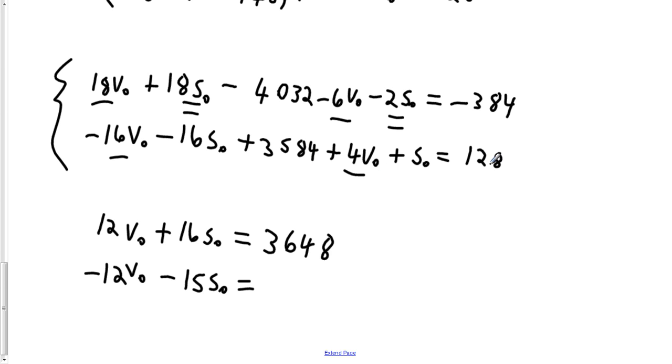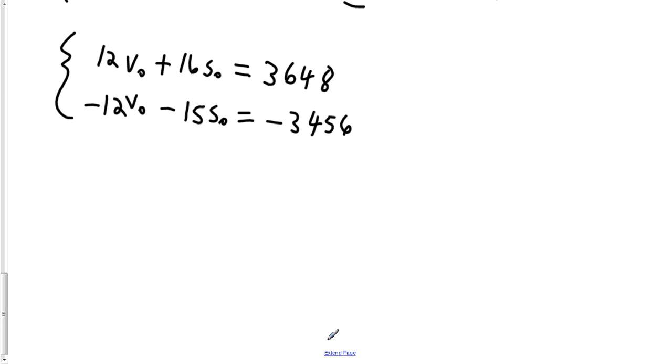And when I subtract it from both sides, it's actually going to be 128 minus this number. And 128 minus this number is actually negative 3,456. So I get these two equations that are a lot nicer to look at.